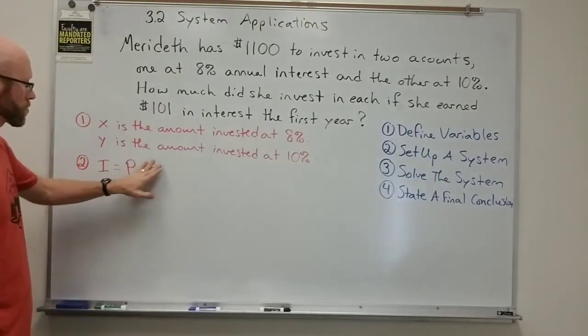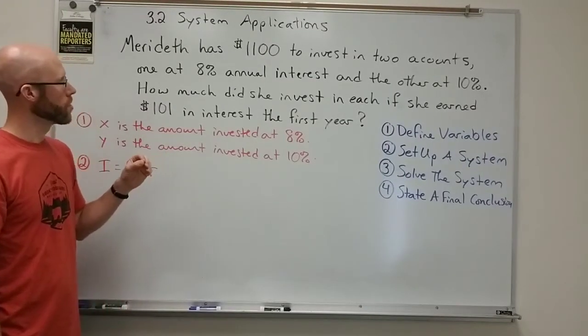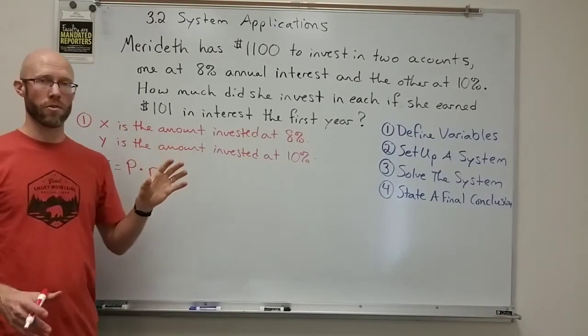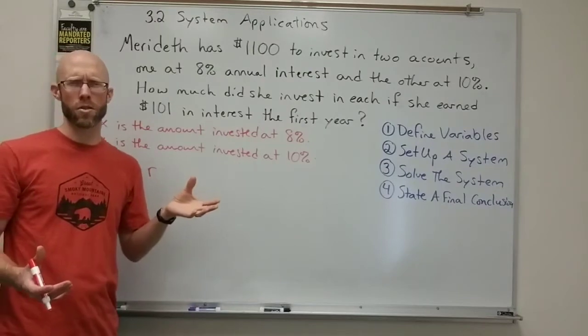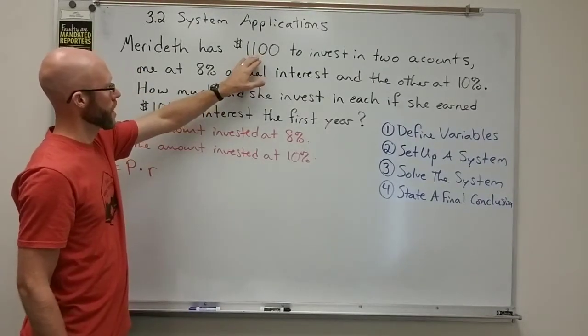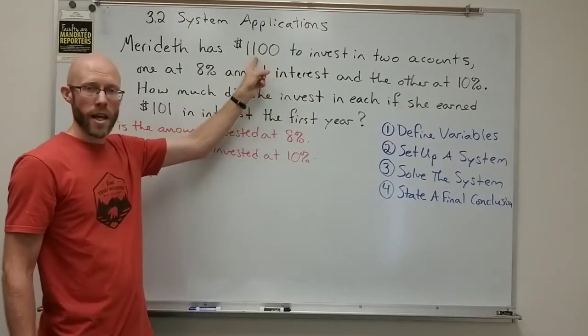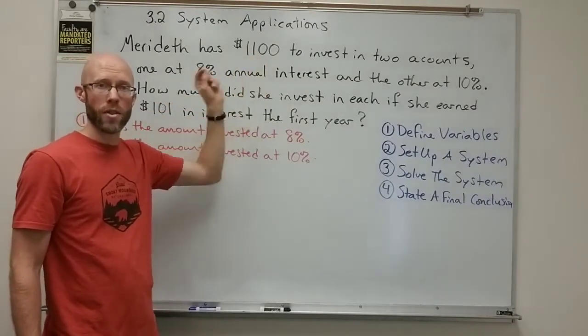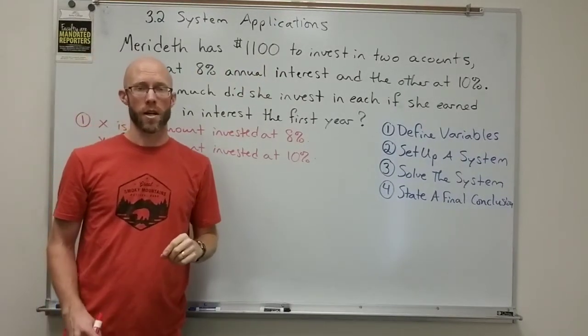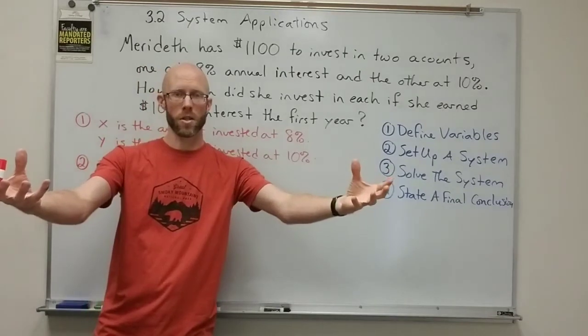Now, in this particular example, one equation is going to be a little bit easier to construct than the other. I know that the 2 amounts that she invested are going to add up to a total of $1,100. So she's got $1,100, part of it goes to one account, part of it goes to the other.